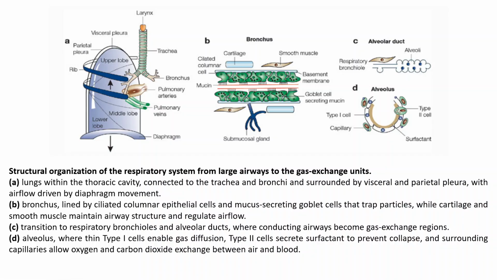The bronchi, which are the largest tubes in the lower respiratory tract, are lined by a tissue comprising ciliated columnar epithelial cells. They also have special mucus-secreting goblet cells that are very important because they lubricate the passage and trap particles.